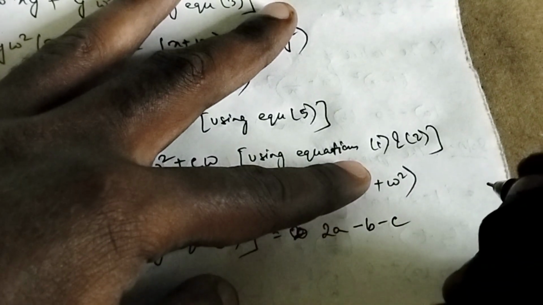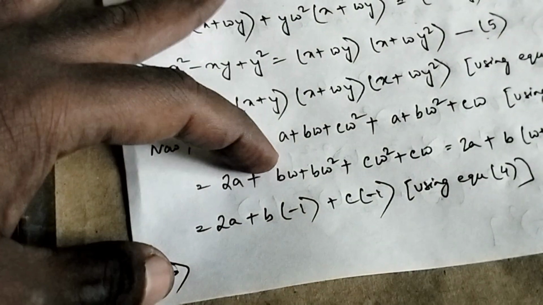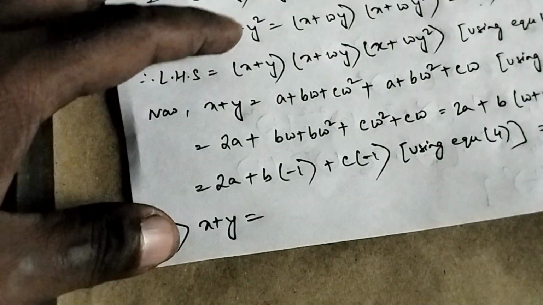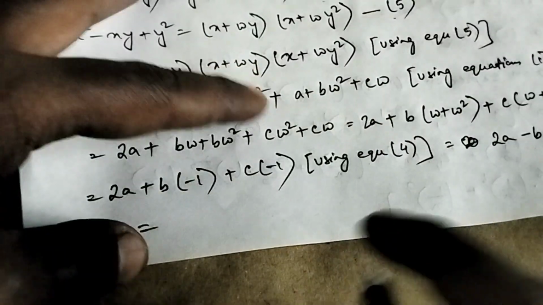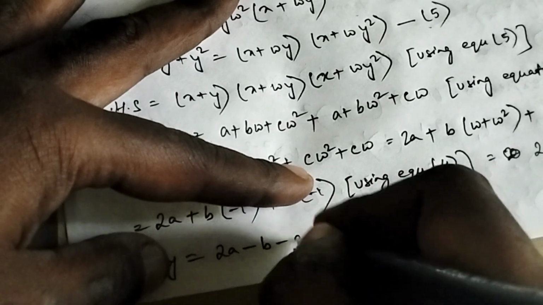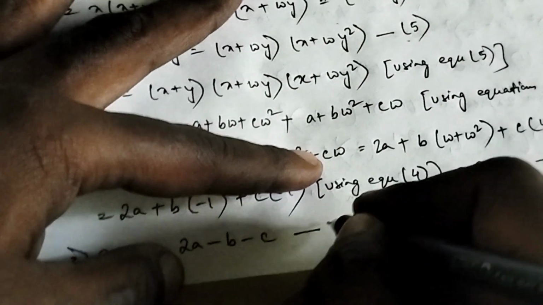So from here we can write that x plus y is equal to 2a minus b minus c. Okay, so now name it as equation 6.